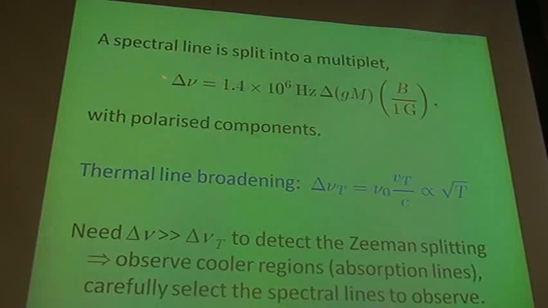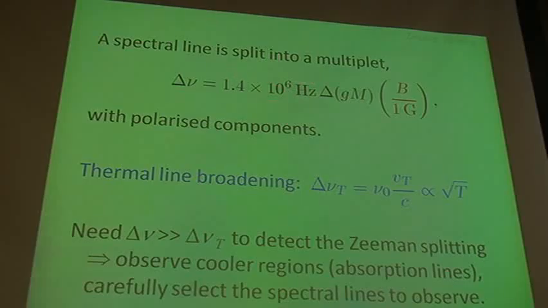If I substitute all the numbers, this is the amount of split in terms of frequency: 1 megahertz times delta Gm, which is of order 1, times B over 1 Gauss. So for B equal to 1 microgauss, 10 to the minus 6, you expect splitting of the order of 1 hertz. This is the amount of splitting.